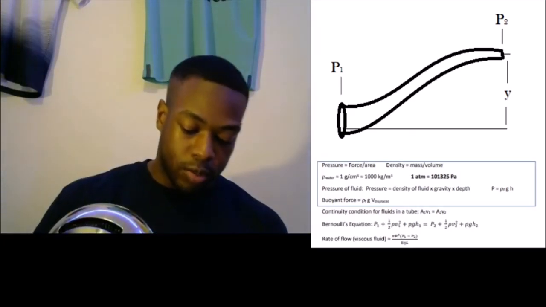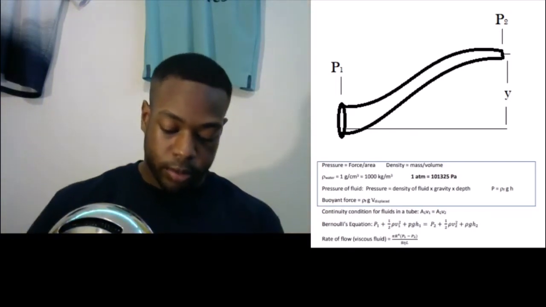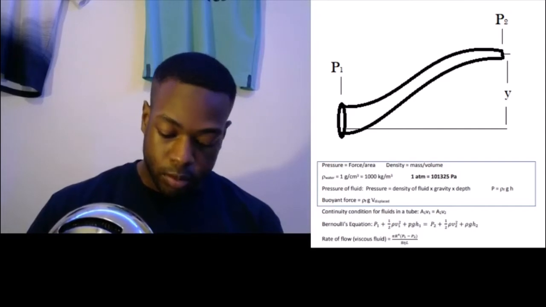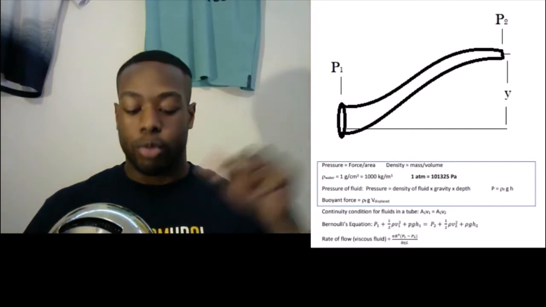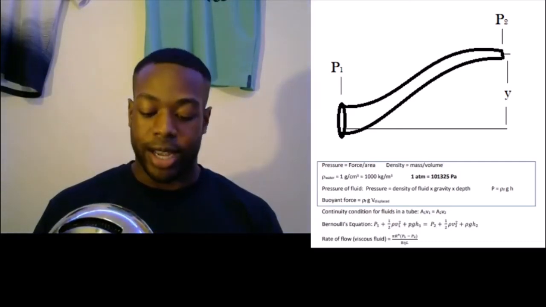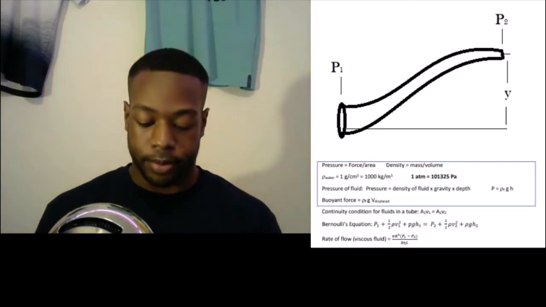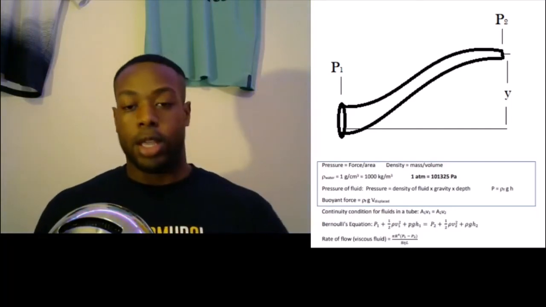Density of water is going to be 1,000, so 1,000 V1 squared. And we know at the lower point, we're going to say that's our 0 point. So for that rho g h, we're just going to say 0 because the height's going to be 0. So plus 0, but you don't have to write that at all. Equals pressure 2, which was the 1.2 times 10 to the 5th.